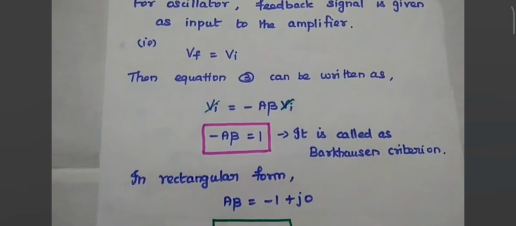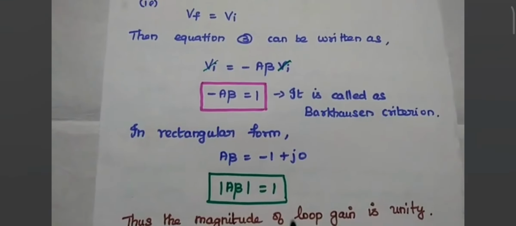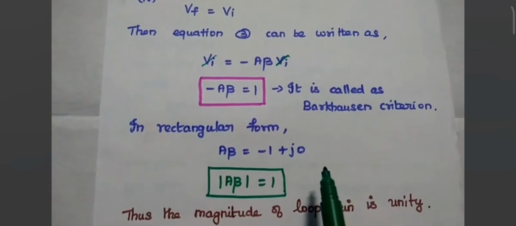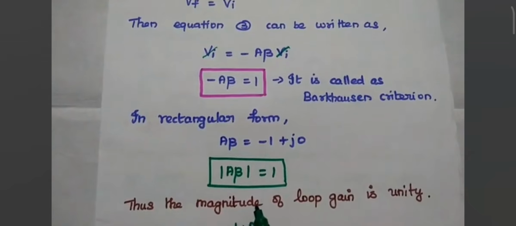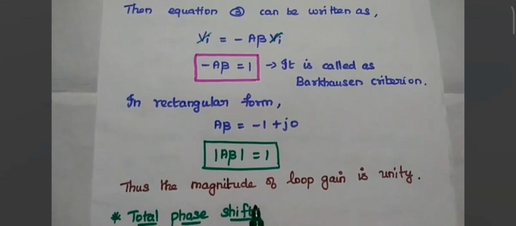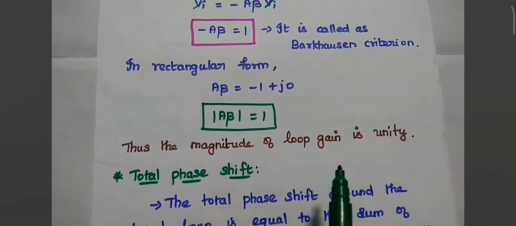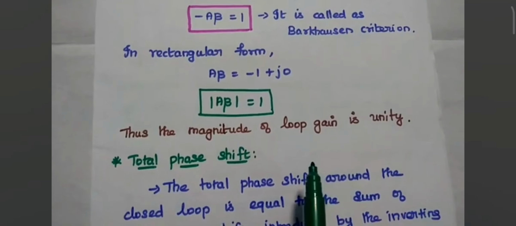This is called the Barkhausen criterion. In rectangular form, it is A beta is equal to minus 1 plus j0. The imaginary part is 0 here. If we take the magnitude of this loop gain, we get modulus of A beta is equal to 1. Thus the magnitude of loop gain is unity. The first condition is obtained.